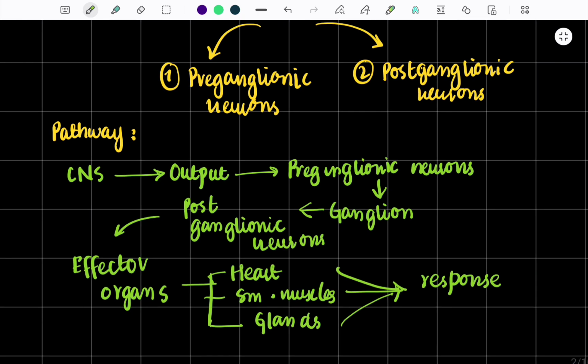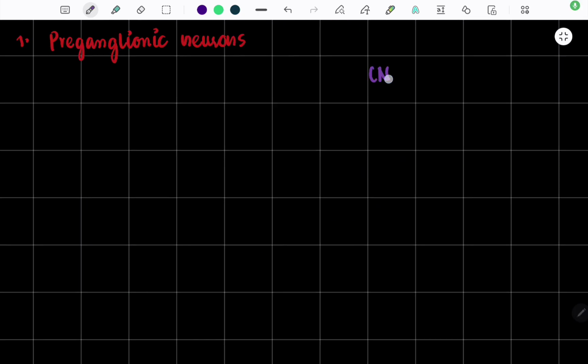Now let us discuss this pathway in detail. The impulse travels from the CNS to the preganglionic neurons. So let us discuss the preganglionic neurons first, right? What are the preganglionic neurons? These are basically the first neurons in the autonomic pathway, so you have to understand that.